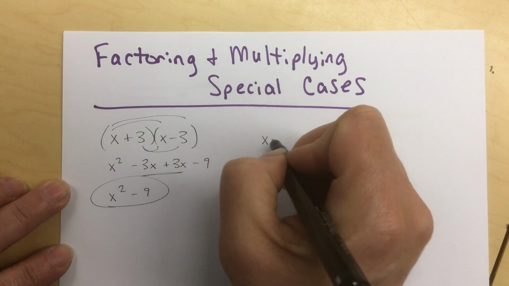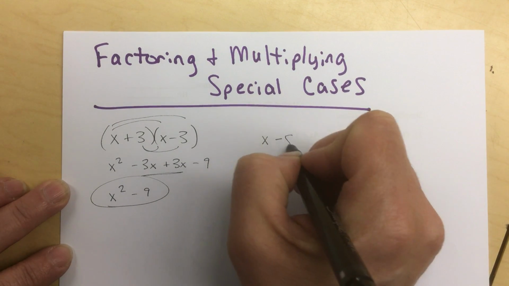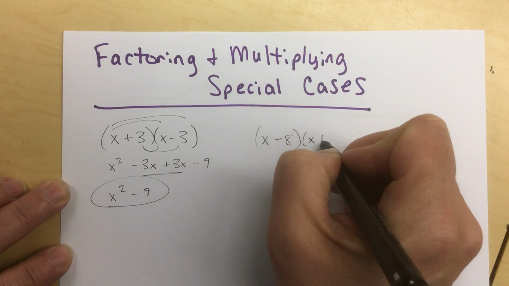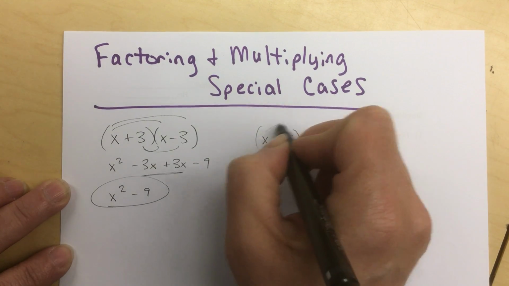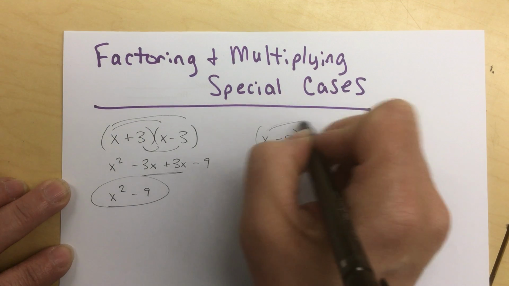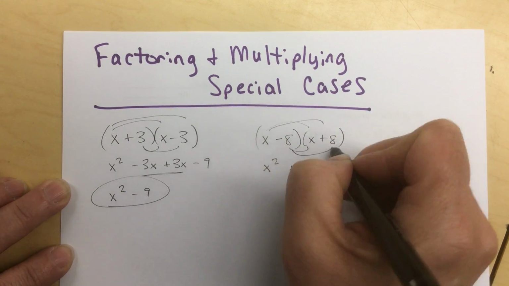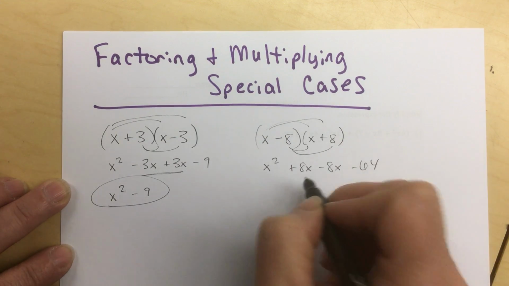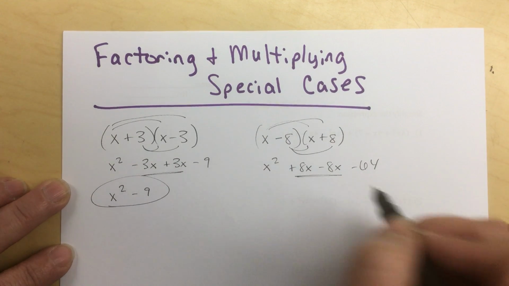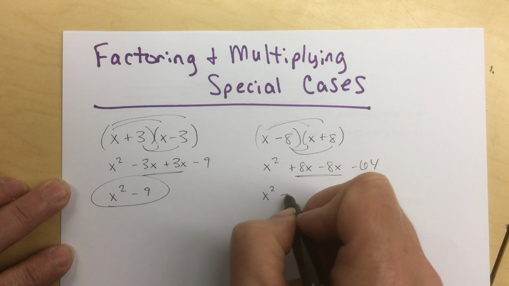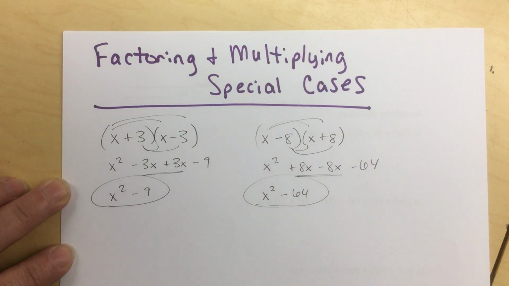So let's say I have x minus 8 and x plus 8. Well, when I multiply that out, I'm going to get x squared, and then I'm going to get plus 8x, and minus 8x, and minus 64. And when I combine like terms, that's going to cancel out, and I'm going to have x squared minus 64.